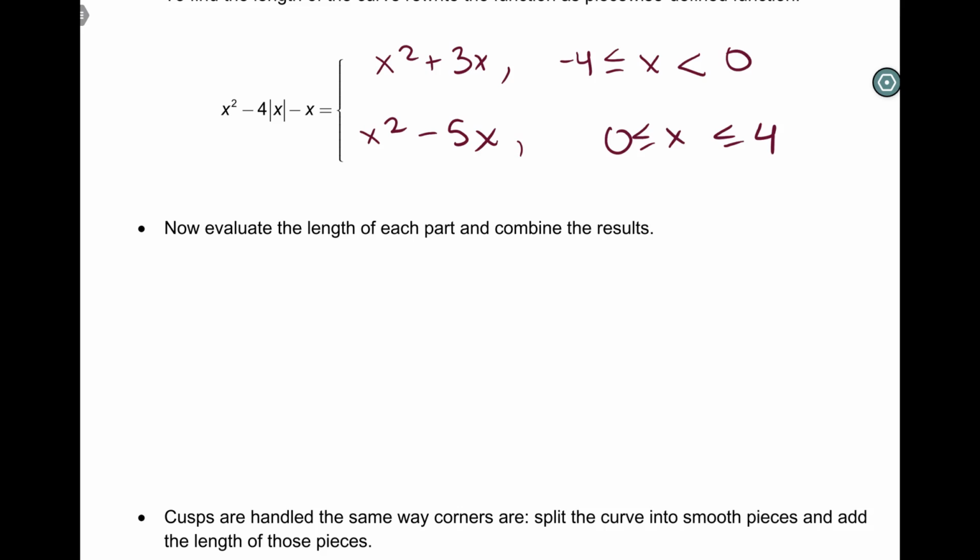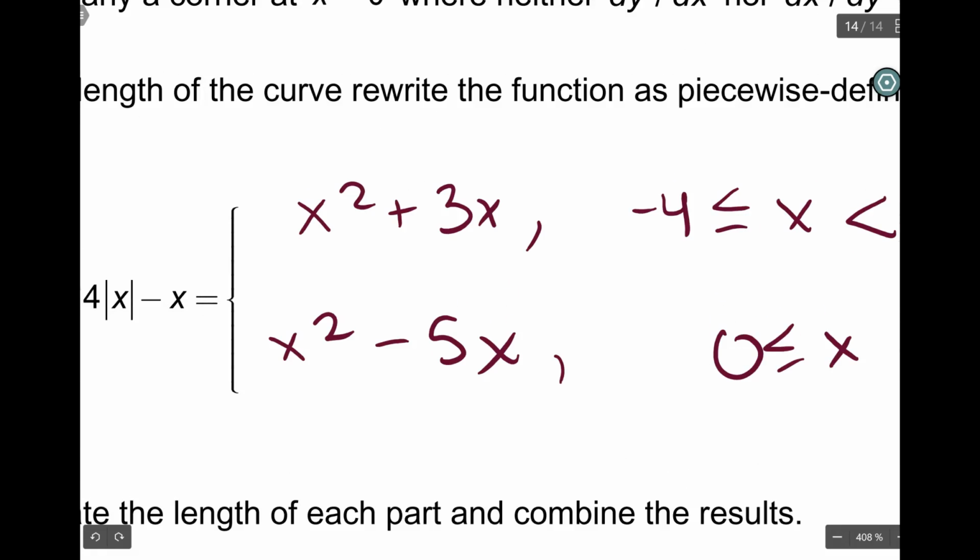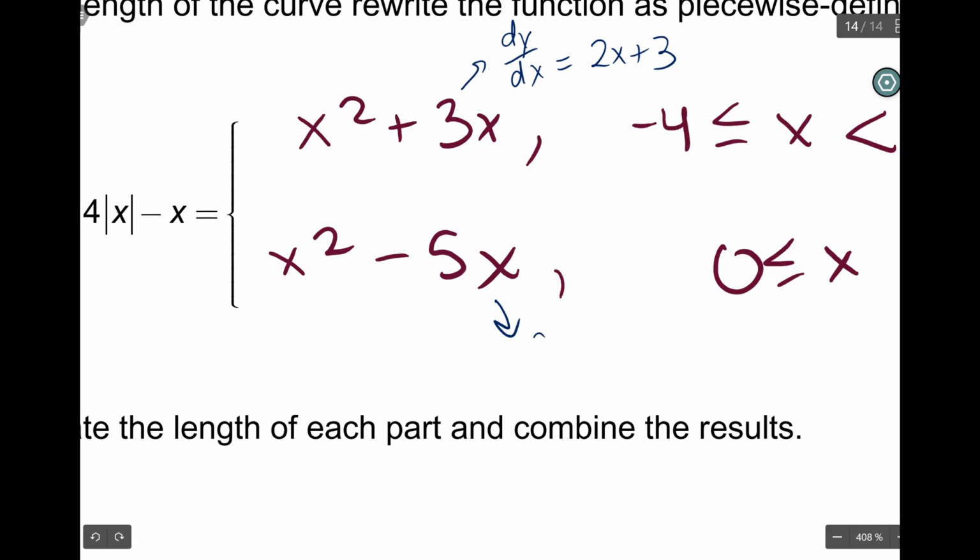So let's see. This is the function, right? So what would dy/dx be? It's 2x plus 3, and then down here dy/dx is 2x minus 5.